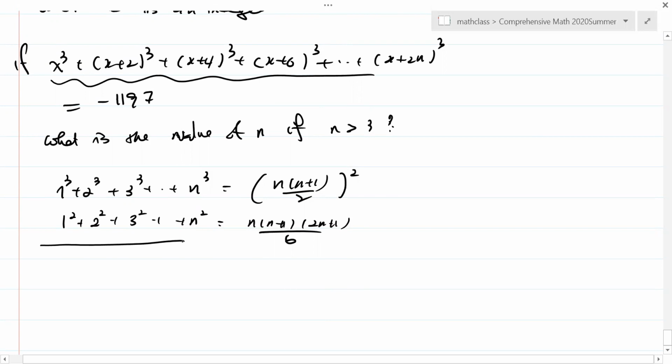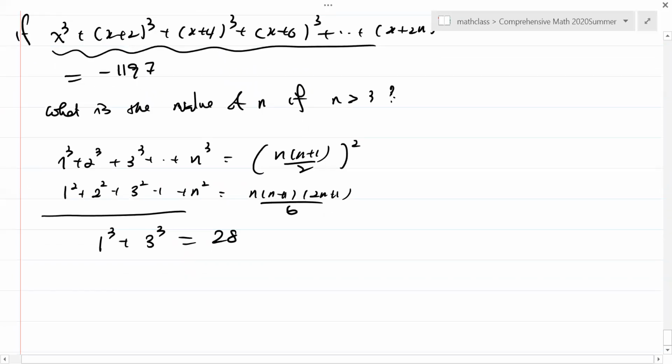So back to the more elementary methods. You look at this: 1 cubed plus 3 cubed is 28, and I'm trying to get to 1,197.